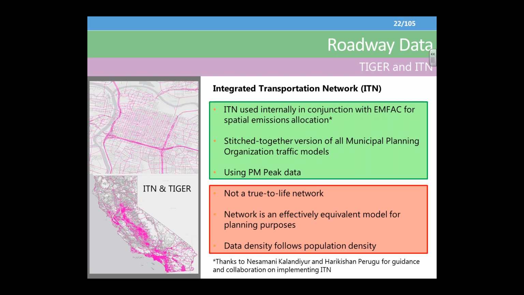And if you look at the bottom left-hand image, you can see that data density pretty much follows population density. So you get better resolution in your high population, urban areas than you typically do in your more rural areas. You can see that you get a lot more surface streets in LA and the Bay Area than in the far north of the state.